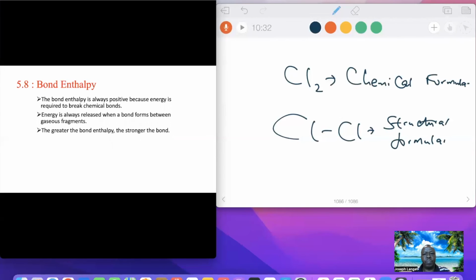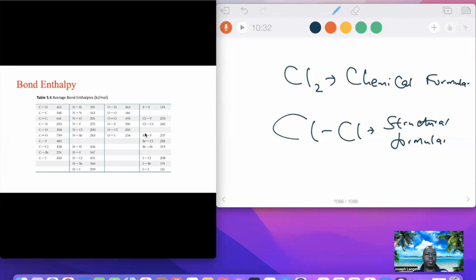literature values given for the bond dissociation. And by the way, if you need a lot of energy to break a bond, that means that bond is strong. The greater the bond enthalpy, the stronger the chemical bond.